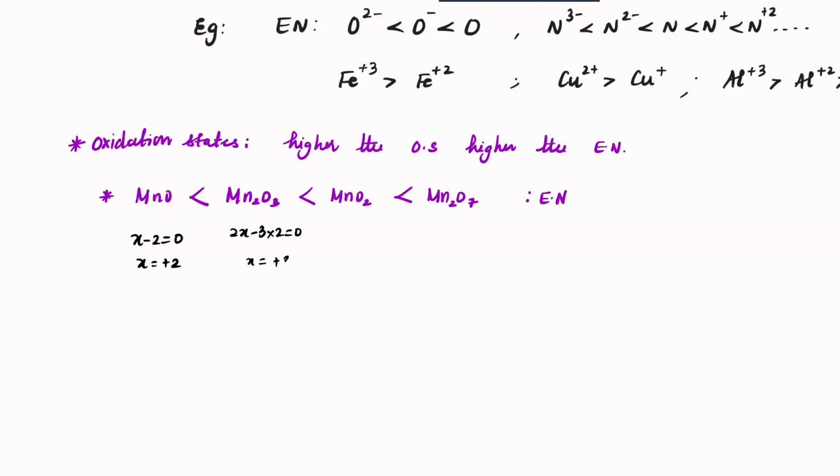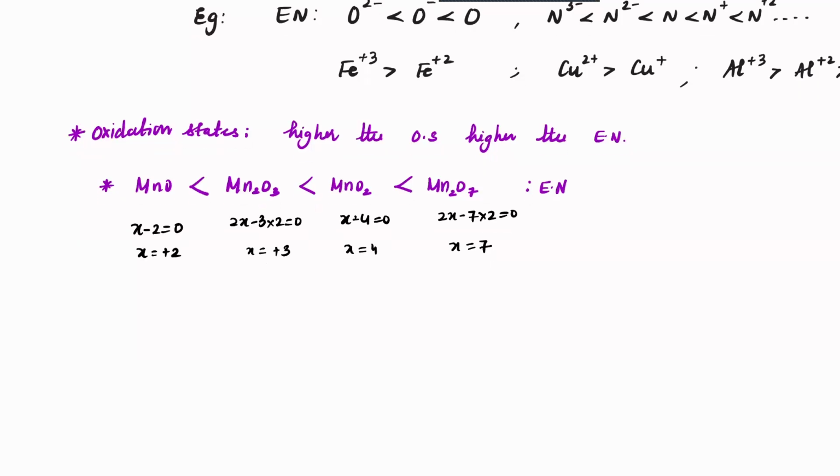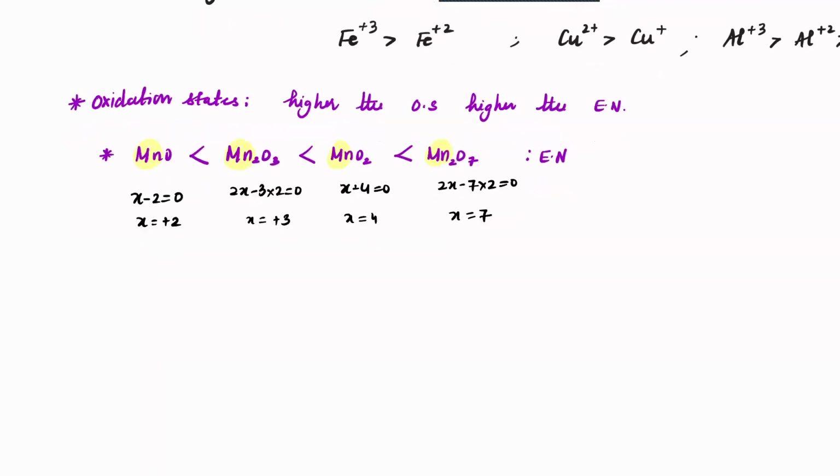Here, X minus 4 equals 0, so X is equal to 4. And 2X minus 7 into 2 equals 0, so X is equal to 7. This is how you identify the oxidation states. If a higher oxidation state is present, the metal at the center, the manganese, will have a more electronegative nature. So I'm talking about the electronegativity of manganese.